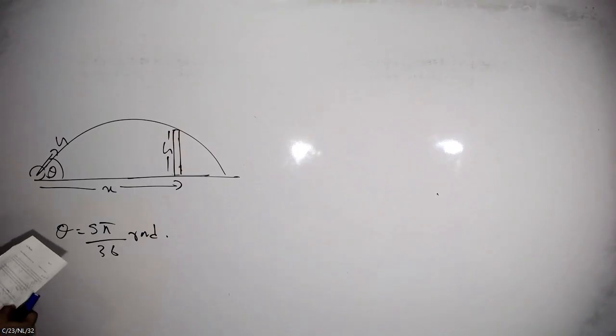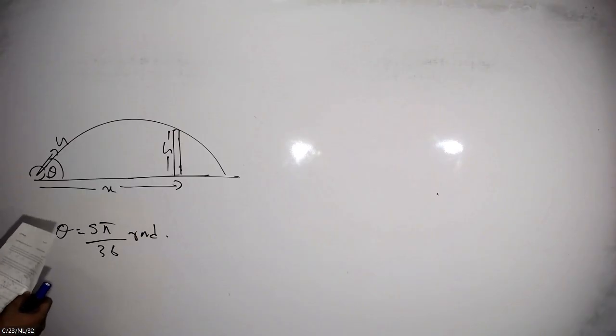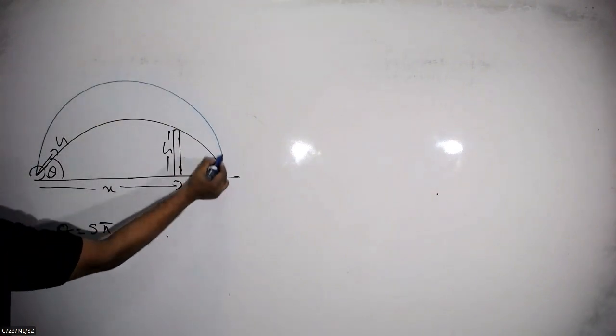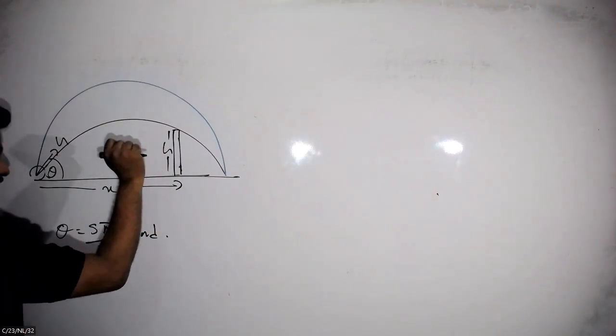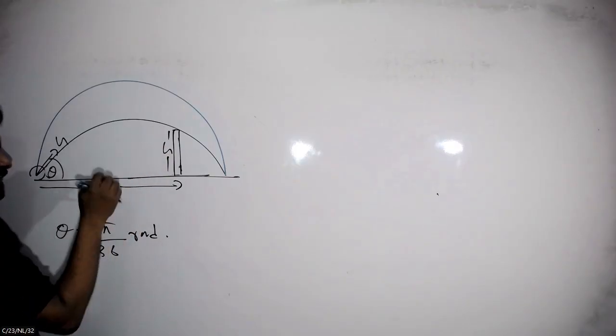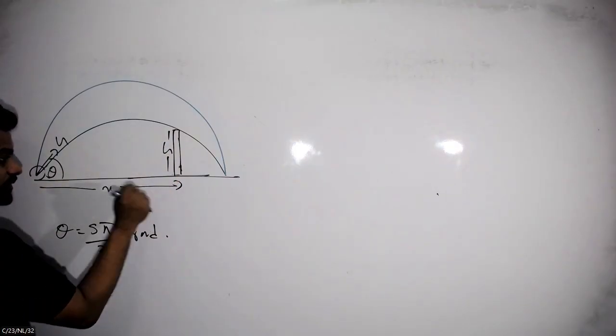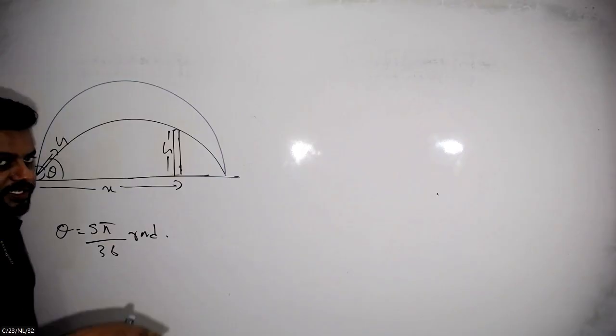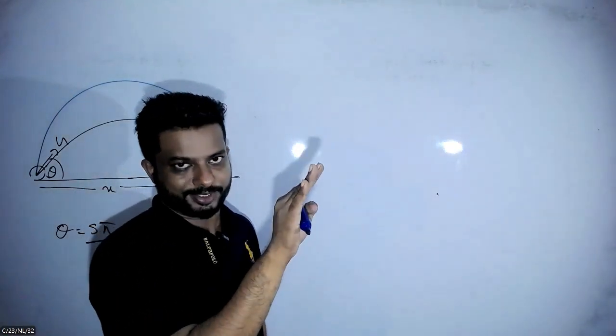Then what is the question? At what angle of elevation should the gun be fired to hit the target? Here you need to obtain the same horizontal range, but you need to obtain greater vertical displacement at this horizontal displacement. That means you need to increase the angle of projection.